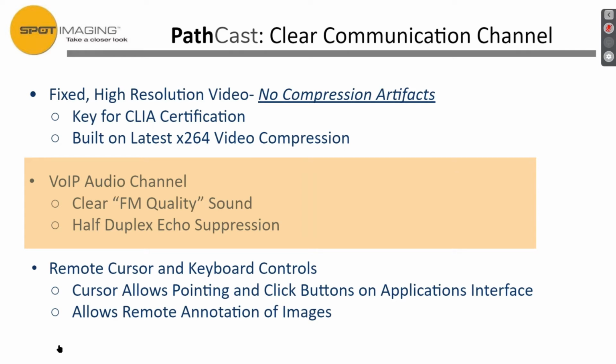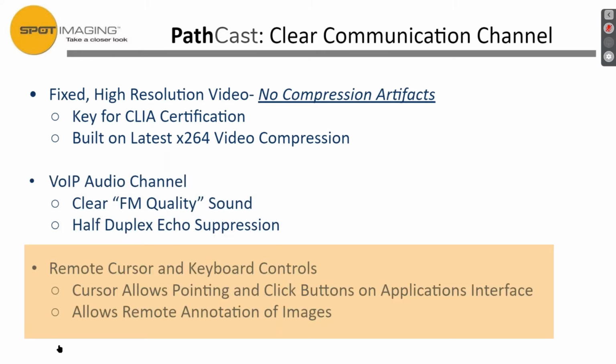Also provided is a remote cursor and keyboard controls so that the remote person who's observing the other person's screen can actually point on things, talk about stuff. They can click buttons on your application interface. And for example, within our interfaces, that allows the remote person to do measurements, to snap an image, to actually put annotations on it so that you can have a very full interactive console.